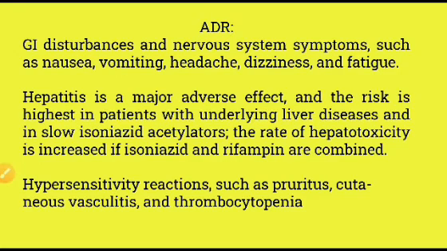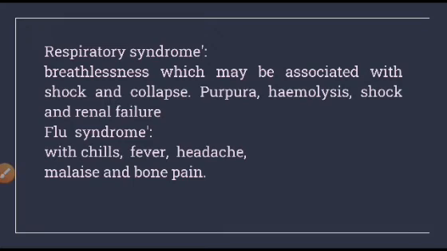Flu-like syndromes are also observed: chills, fever, headache, malaise, bone pain. Some abdominal syndromes like nausea, vomiting, cramps with or without diarrhea. Urine and secretions may become orange red in color. It's a very, very important symptom when the urine and other secretions become orange red in color.